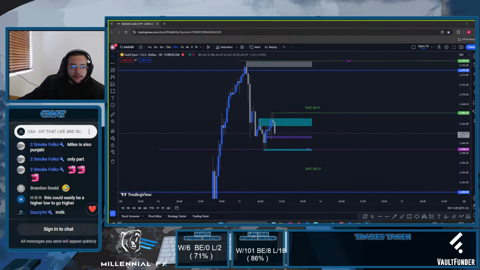Cole, is that bullish or bearish? It's more like a type 3. It's definitely more like a type 3 style.